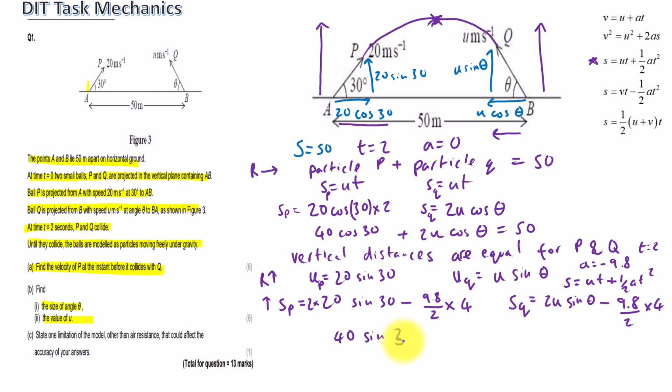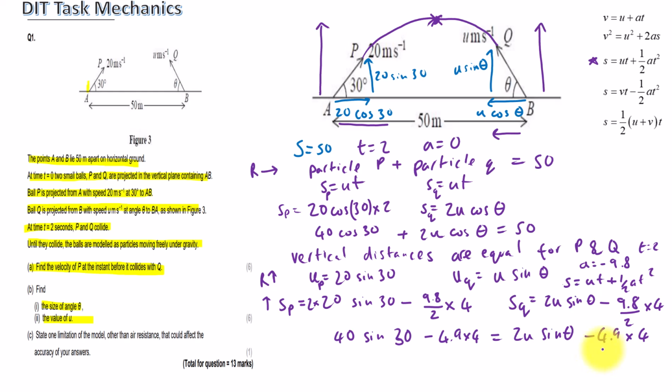Now if we set this equal to each other, we're going to get 40 sine 30 minus 4.9 times 4 equals our 2u sine theta minus 4.9 times 4.